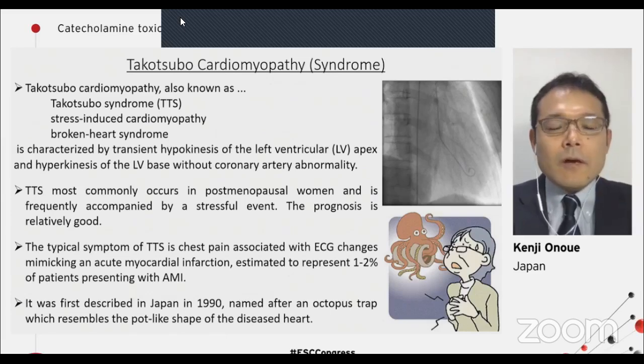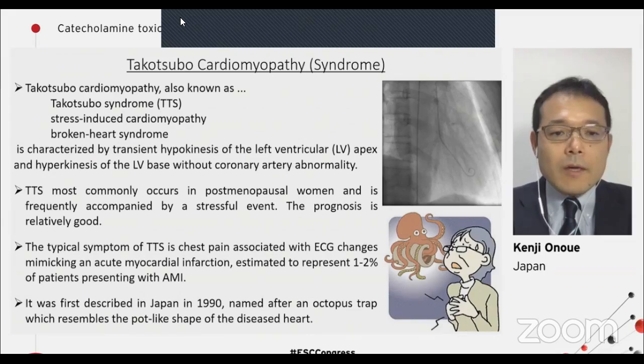Takotsubo cardiomyopathy, also known as Takotsubo syndrome, TTS for short, stress-induced cardiomyopathy or broken heart syndrome, is characterized by transient hypokinesis of the left ventricular apex and hyperkinesis of the LV base without coronary artery abnormality.